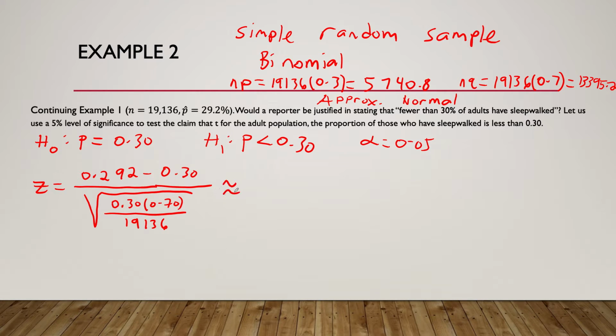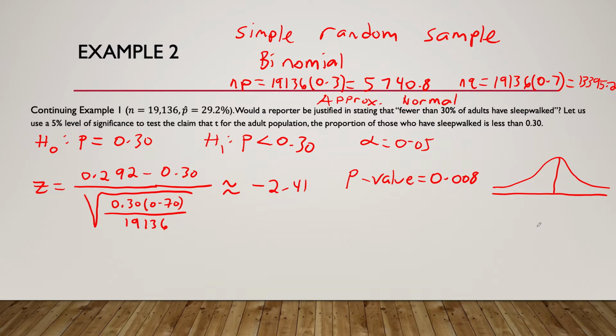Tossing this into a calculator or just putting this hypothesis test in SAS will give you a z-score of about negative 2.41. And the associated p-value will be 0.008. So if we were to very quickly do a very basic drawing of this, the mean of this, as I said, was 0.30.